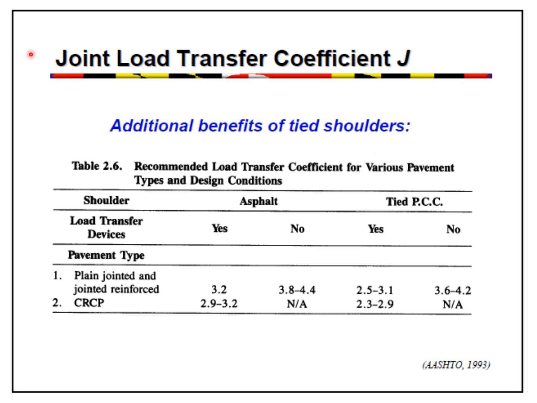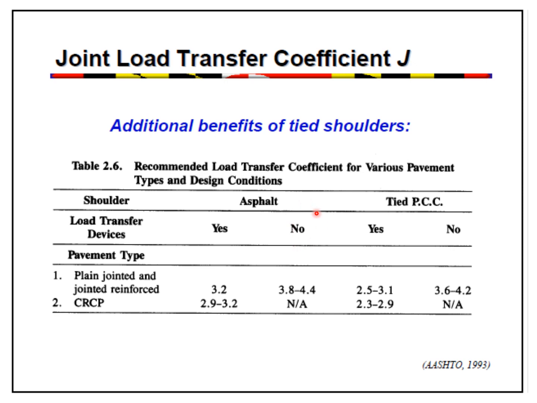So load transfer coefficient, additional benefits of tied shoulder. If a shoulder is provided on the side of the rigid pavement and it is tied with the road, you would find that because of that there will be a decrease in the value of the joint load transfer coefficient. Look at that. Plain, jointed and jointed reinforced. Here yes means the load transfer device has been provided.